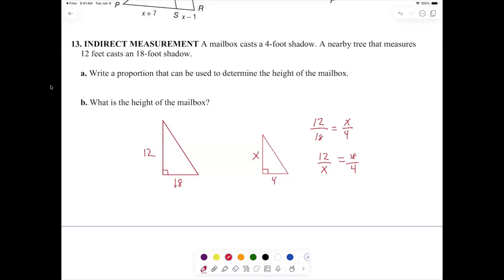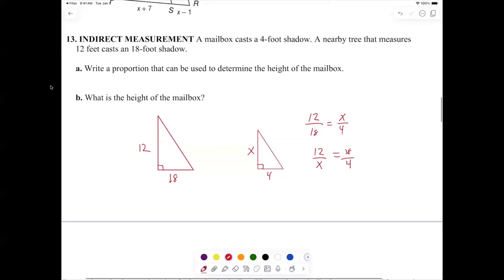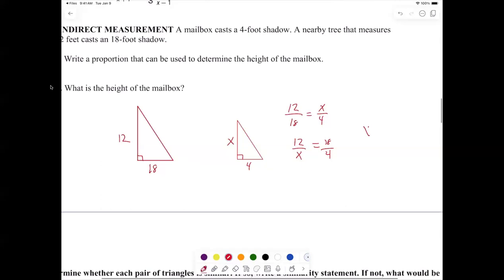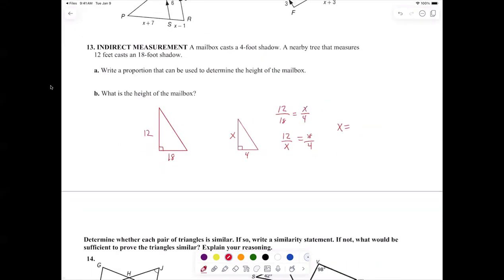48 over 18. Can someone tell me what the height of the mailbox would be? Come on. 48 over 18 is not an answer.